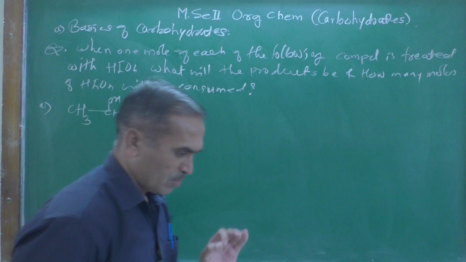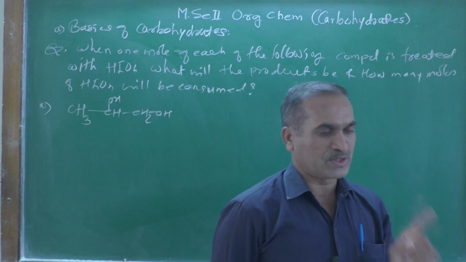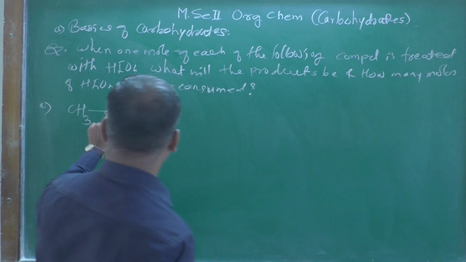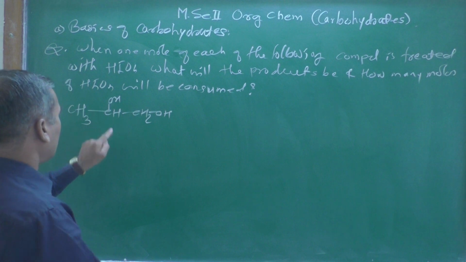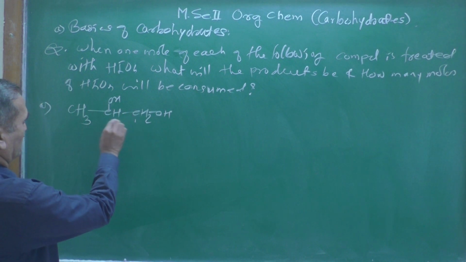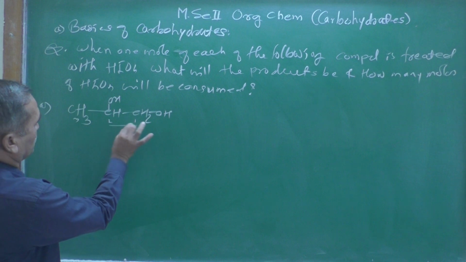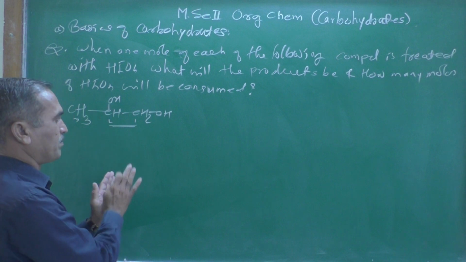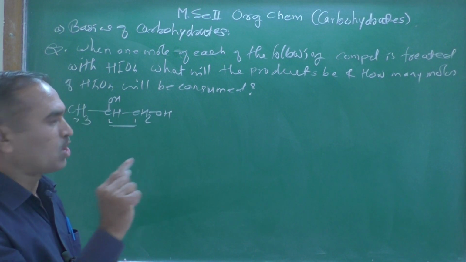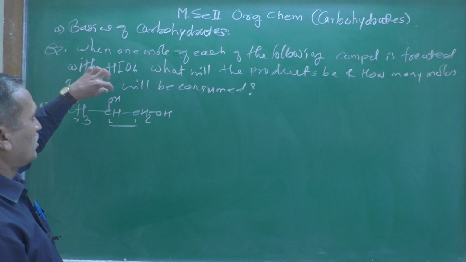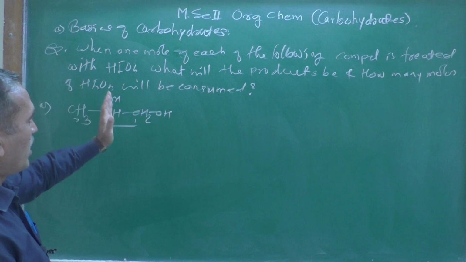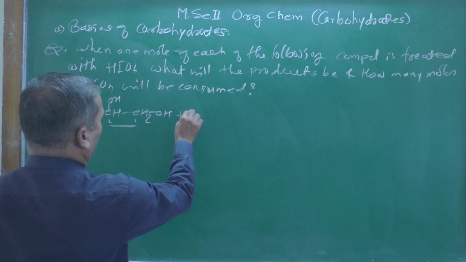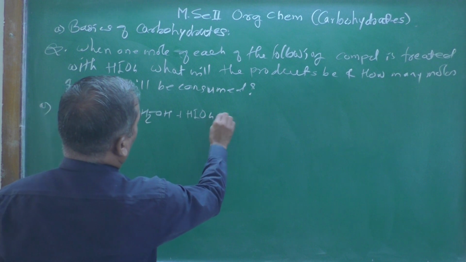What you have to focus on here is the adjacent 1,2 diol, the vicinal diol only. Look at the carbon atoms, these hydroxyls at 1, 2 and 3. At 1 and 2 positions there is a hydroxy group. Here I have purposely written one hydroxy group horizontally and the other on the upper side, but you have to remember they are adjacent to each other, and therefore it will consume 1 periodic acid.